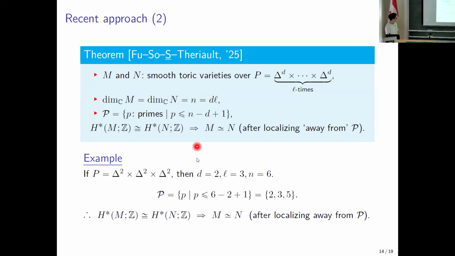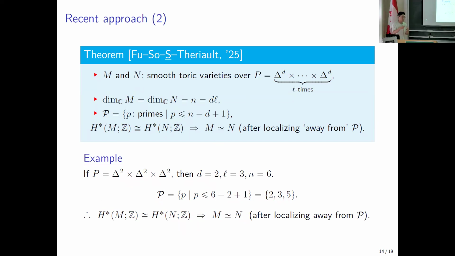So for instance, if I take delta 2 times delta 2 times delta 2, I'm just doing an exercise of collecting the correct prime numbers. In this case, just 2, 3, 5. So whatever the toric manifold is, all the toric manifolds corresponding to this delta 2 times delta 2 times delta 2 have the rigidity property, but after certain localization.